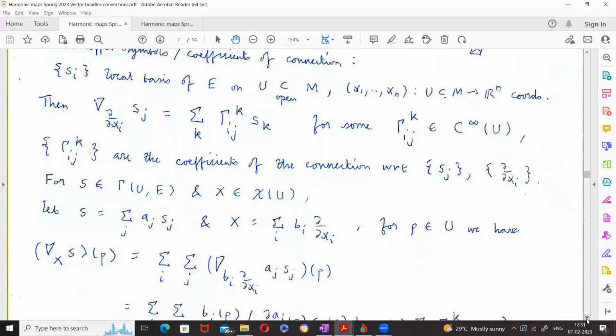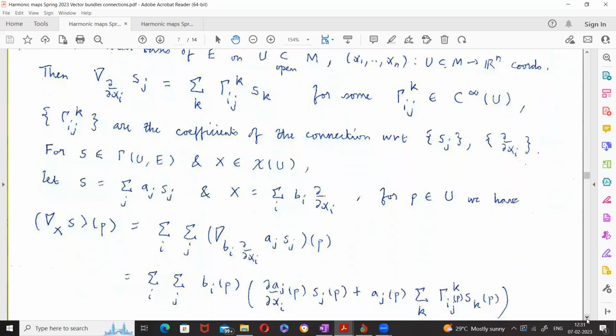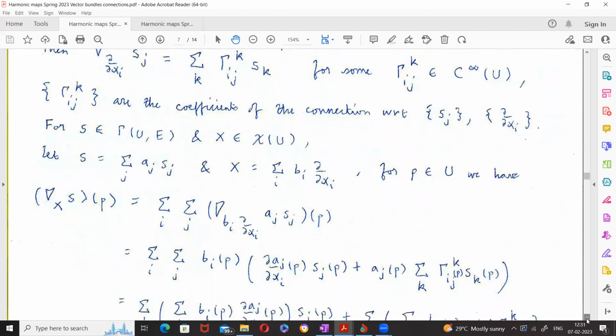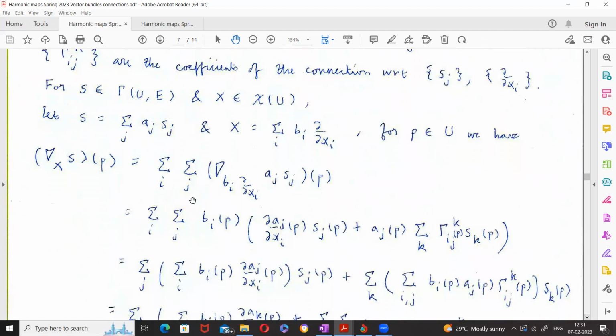So these coefficients of the connection allow you to compute the connection applied to any section with respect to any vector field as follows. So if S is a section on U and X is a vector field on U, I can write S as summation over J, Aj, Sj, and I can write X as sum over I, Bi del xi. Okay.